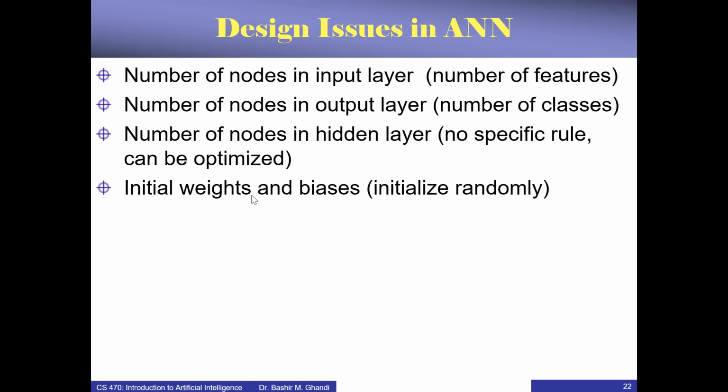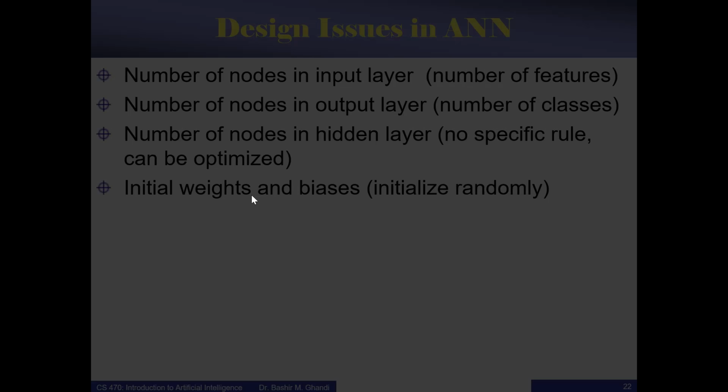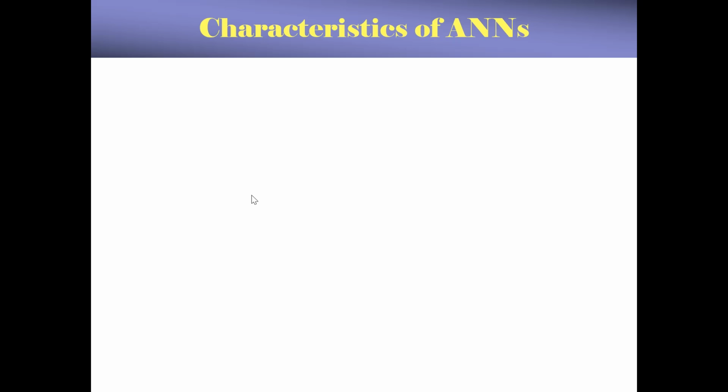But as you repeat the process, compute the squared error, adjust the weights, and then try again, eventually the weights will converge to values that will give you output that is very close to your expected output. So these are some of the design issues if you are doing an experiment on neural network.